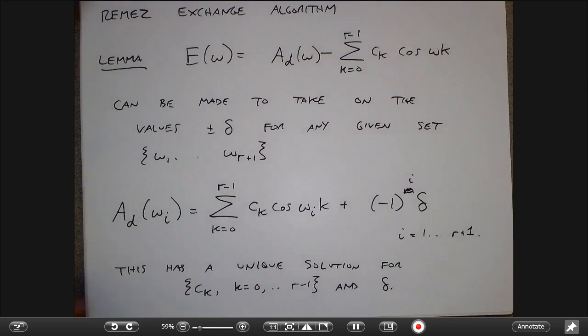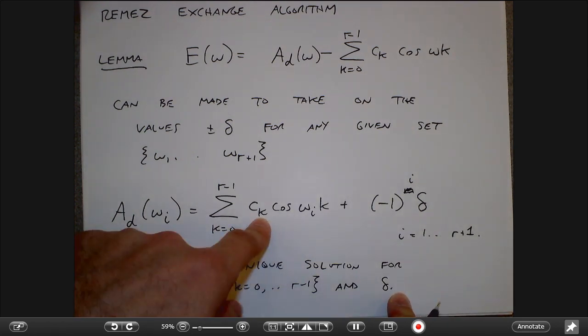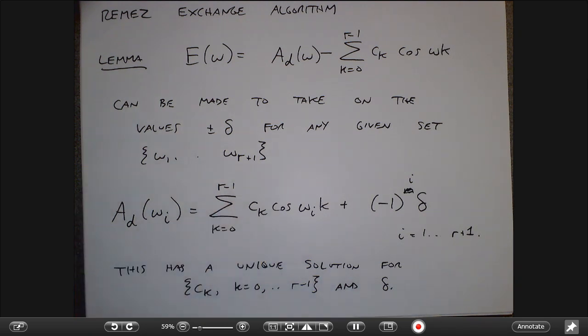So what is the interpretation of this lemma? If I tell you the omega's, then there is some set of cosine coefficients and a delta such that the error bounces around nicely between these values.